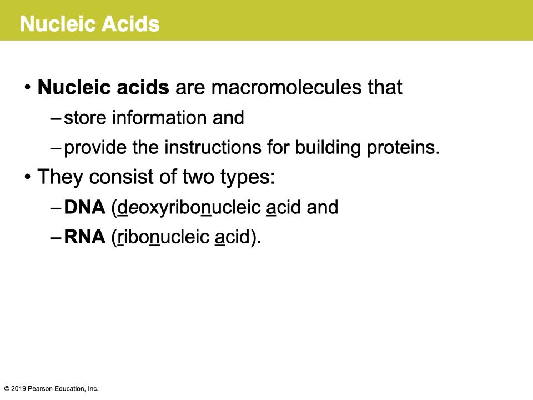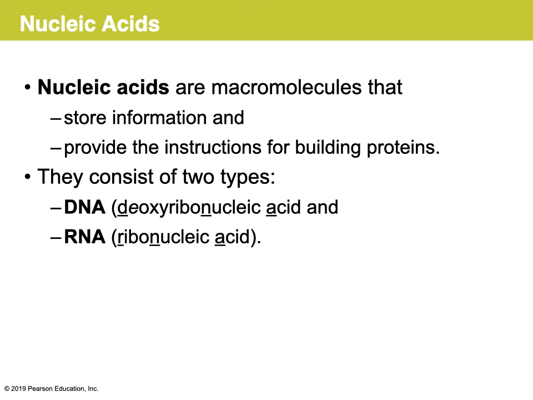Their job is just storing information. And they're storing information that provides the instructions for building proteins. So when you saw those amino acids in those proteins in the last section, well, what determines that sequence of amino acids? The instructions that are contained in nucleic acids.